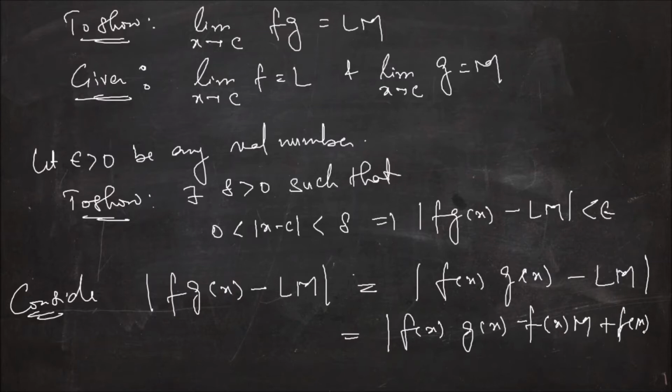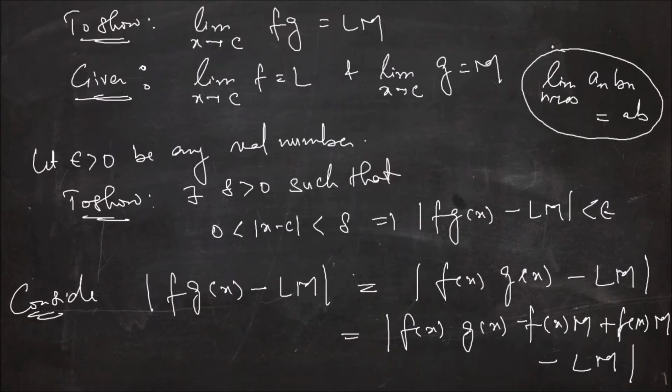You can also add and subtract L g(x) and you will get the same result. This is similar to the proof we do for sequences, where we show that limit n tends to infinity, a_n b_n is equal to ab. So what we have done, we have added and subtracted f(x) m. In this you can also add and subtract L g(x).